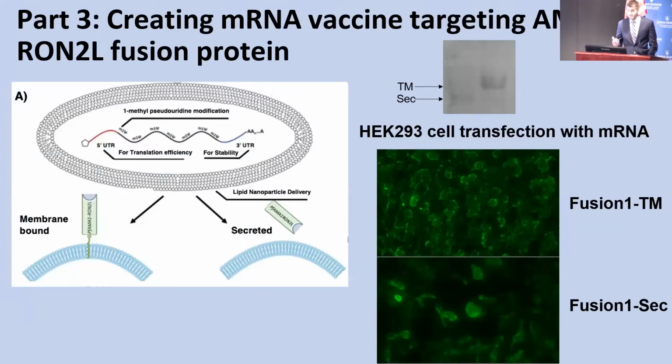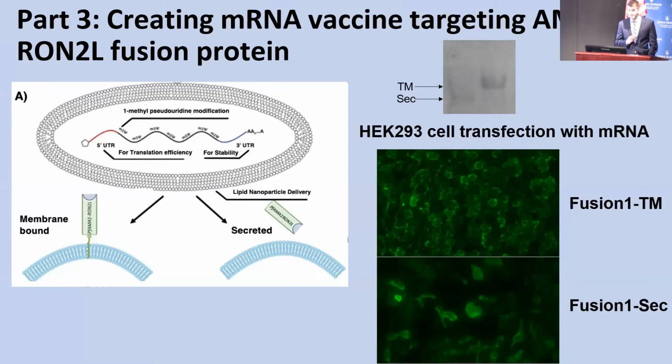We then reasoned that in order to replicate those early results we saw in the Freund study, we must develop a platform that also uses a very highly immunogenic platform. And so to do this, we created an mRNA vaccine targeting the AMA1 RON2L fusion protein.